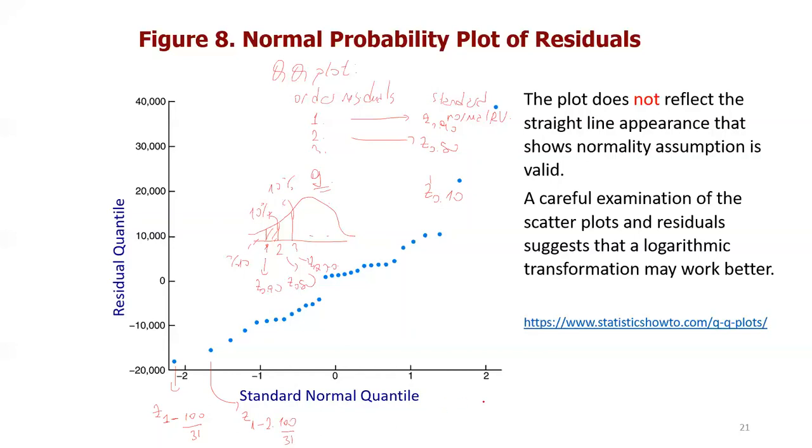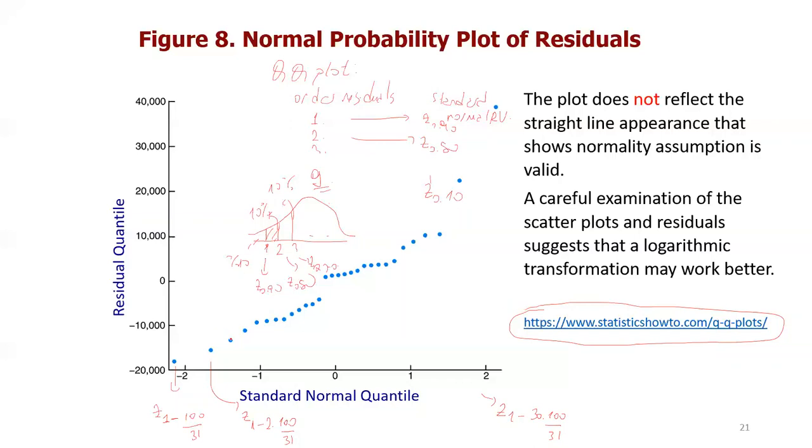And at last I have z sub 1 minus 30 times 100 divided by 31. By the way, there is a very good explanation of this QQ plot in this link. You can just go there. You also have a good explanation in your book. You can just check it.